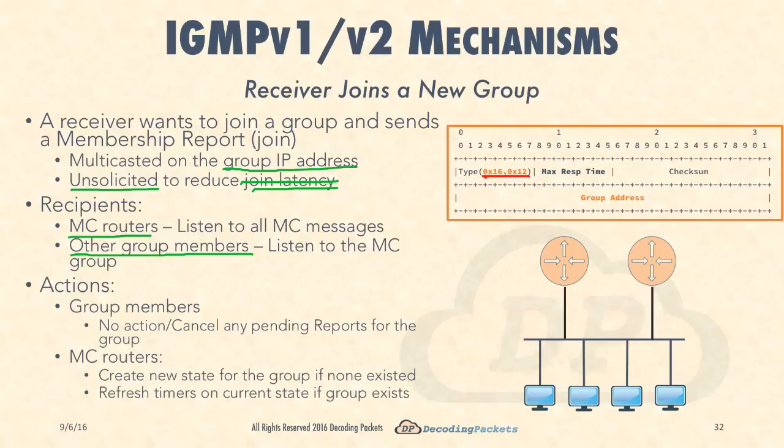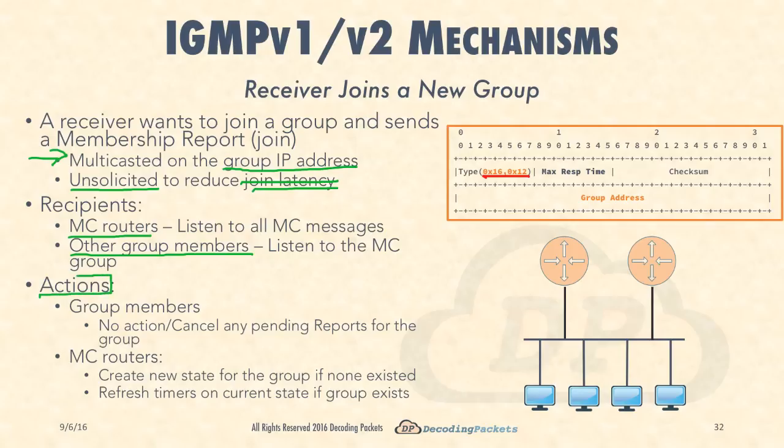Suppose you join 239.1.2.3, and there were 5 other members on that group. Because you're multicasting this message to that group, every single receiver on that group will also receive it, because they're listening to that multicast group. They're interested receivers. They both perform separate sets of actions.